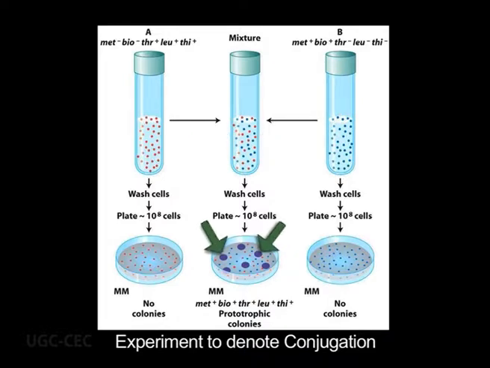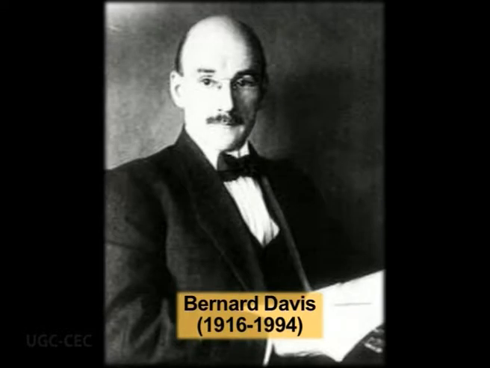You can see in this figure the blue colonies indicate that these colonies can produce all the amino acids. So they started with two strains where not all the amino acids could be made, but ultimately they got back some individual strains which could produce all the amino acids. So naturally there has been some transfer of genetic material from one to the other, enabling the new colonies to produce all the amino acids.